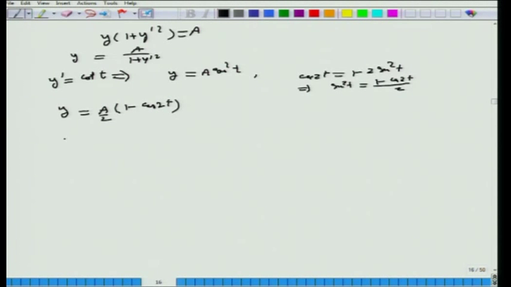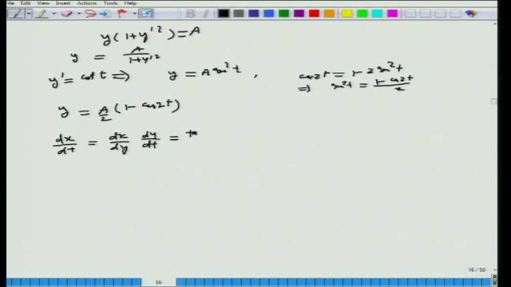Then we need to get x in terms of t. So, dx by dt is same thing as dx by dy, and then dy by dt here. Okay. So, dx over dy is then inverse of that.